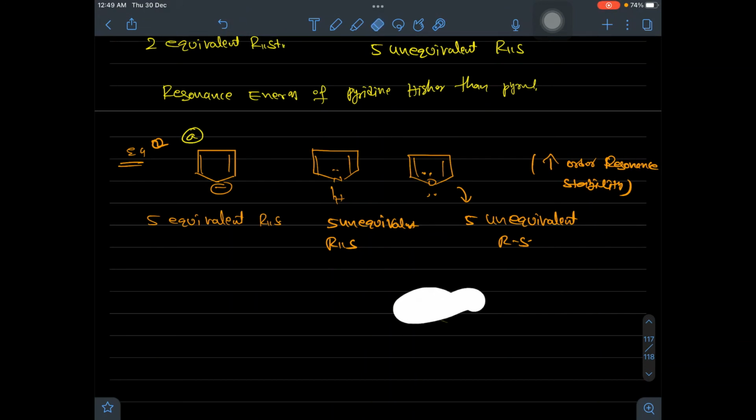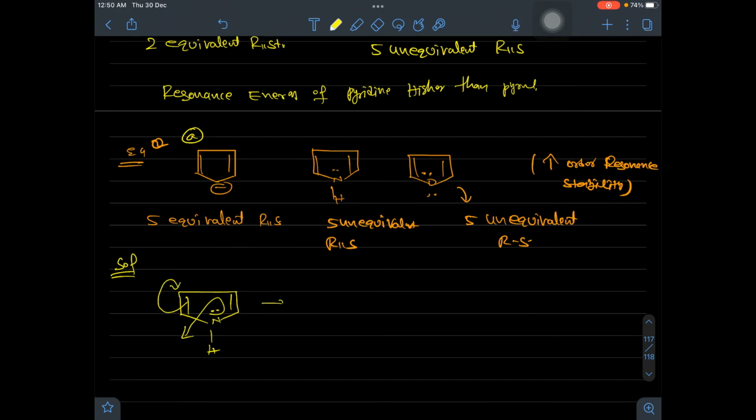For that, you have to check their resonance structures. First, the resonance structure for pyrrole: it takes place between the lone pair and the multiple bond. If the lone pair shifts here and the multiple bond shifts to the carbon atom, the structure looks like this: NH plus, with a negative charge here.